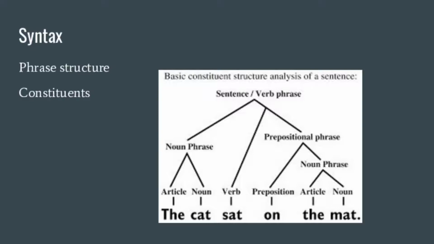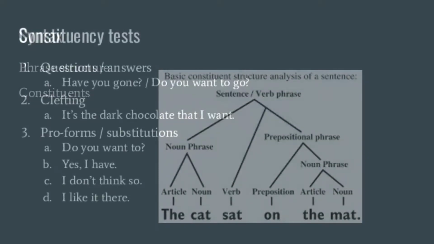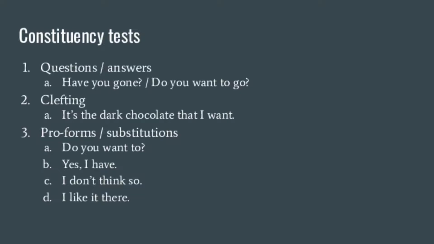However, even if we don't agree with some of the aspects of this theory, it is a nice way of explaining how different sentence structures work and how different kinds of sentences are related to each other, how a standard sentence is related to a cleft sentence or a question sentence where you move the verb in front, like, do you have any chocolate? It does explain how different kinds of sentences are related to each other, even if you don't agree with some of the mechanical aspects of this theory.